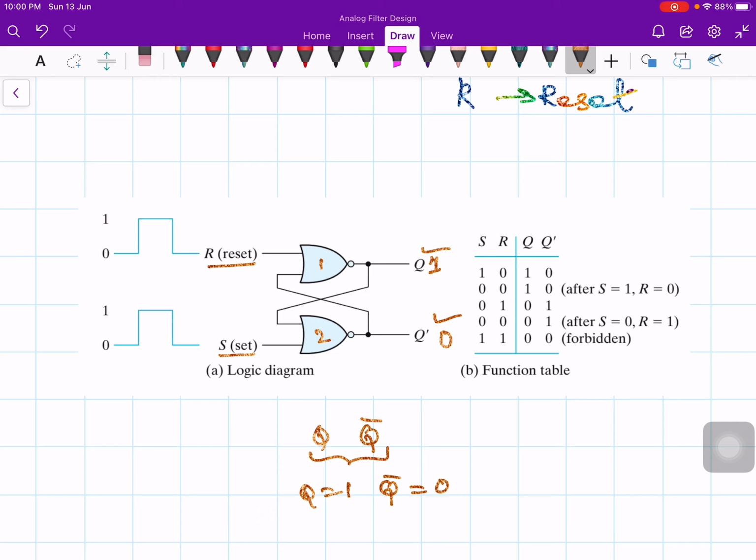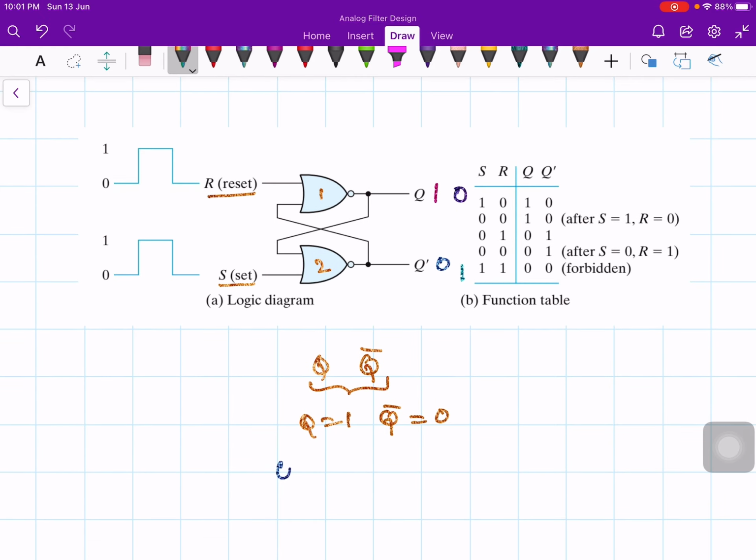If the upper point is 0, then the lower end will be 1, not the other way around. So both cannot be 1 or both cannot be 0. That is not acceptable. At any point of time, the output is always complemented. One will be 1 and the other will be 0, or if this is 0, the other will be 1. This is the important point you should remember to analyze the state.